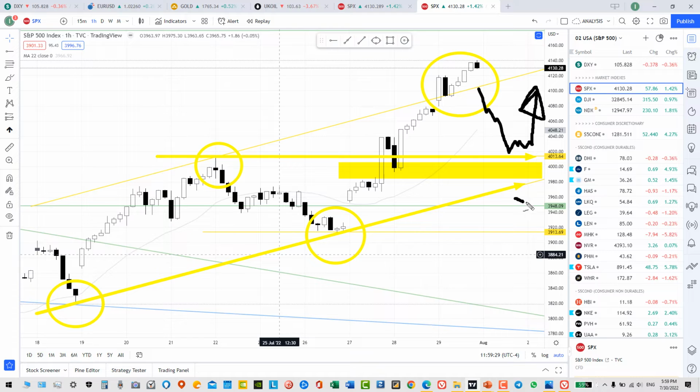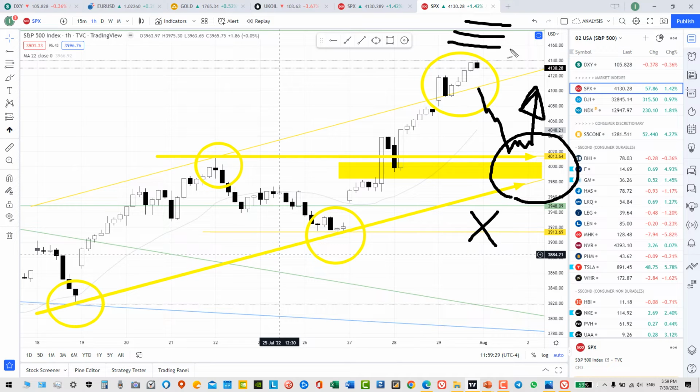Any break of this area, which is considered bubble support, will be a signal that the ultra short-term speculative trend is over, and it may also indicate the reflection of the index from one of the major resistances that we have just drawn a few minutes ago.